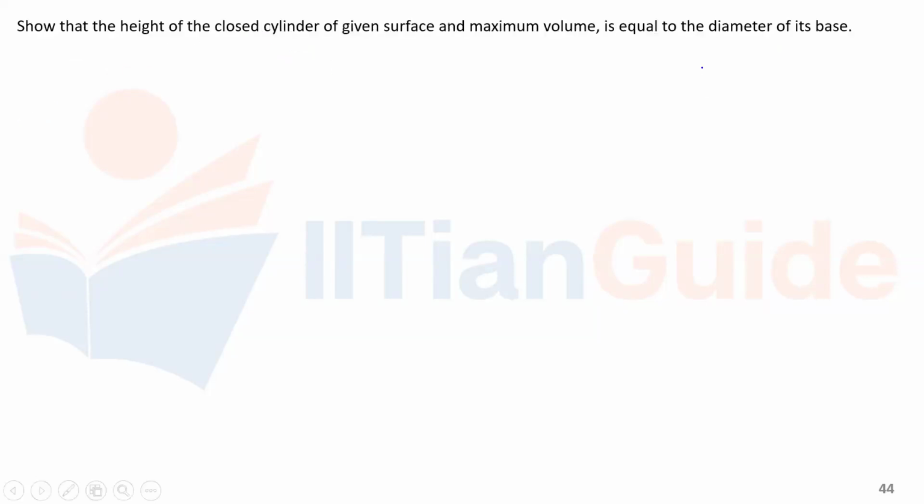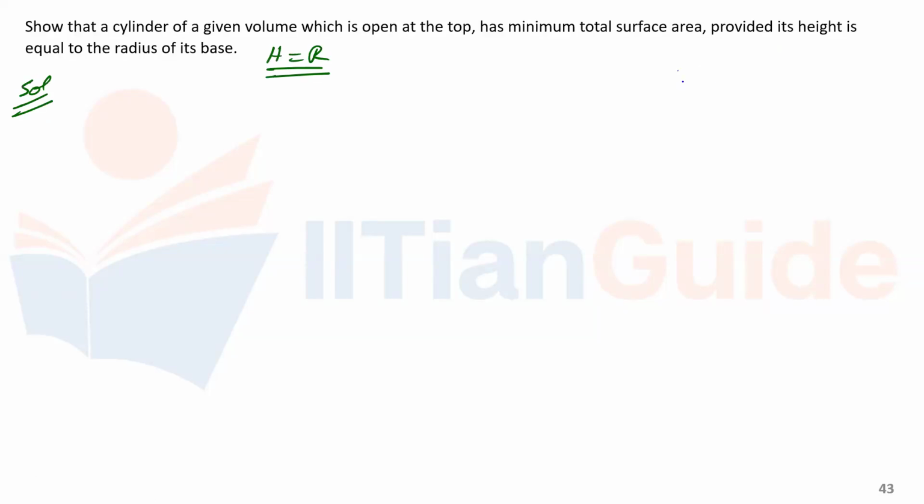We are having a cylinder. बहुत बड़ी फिगर बना दे रहा हूँ. And keep in mind, it is open at the top. There is nothing at the top. Has the minimum total surface area.